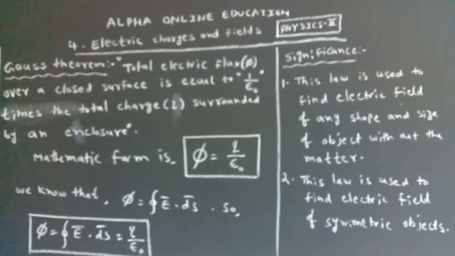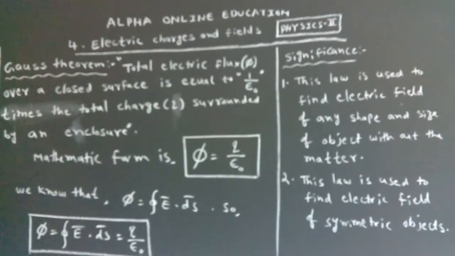This is the statement of the Gauss theorem. Again, total electric flux over a closed surface is equal to 1 by epsilon naught times the total charge. What is the symbol for charge? Q, surrounded by an enclosure.